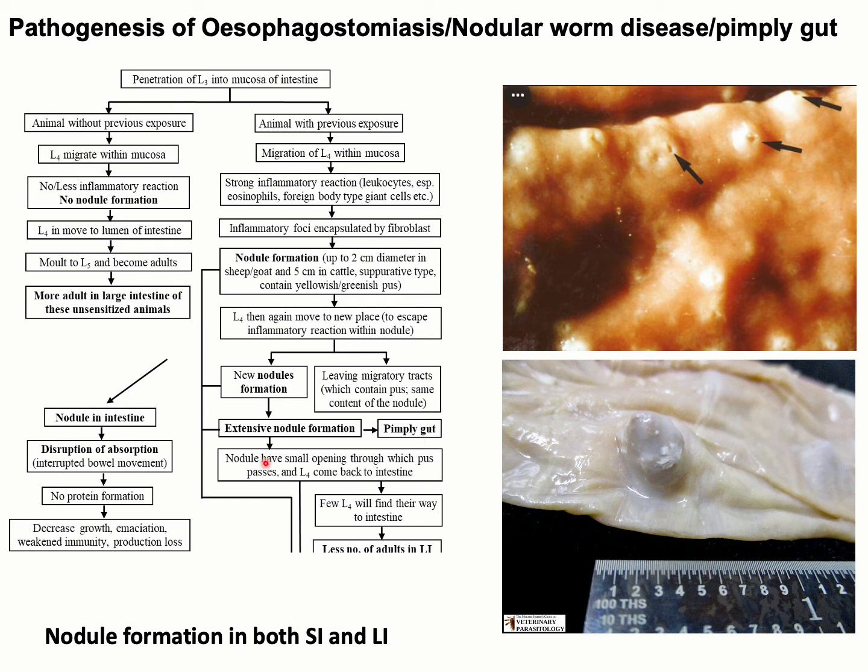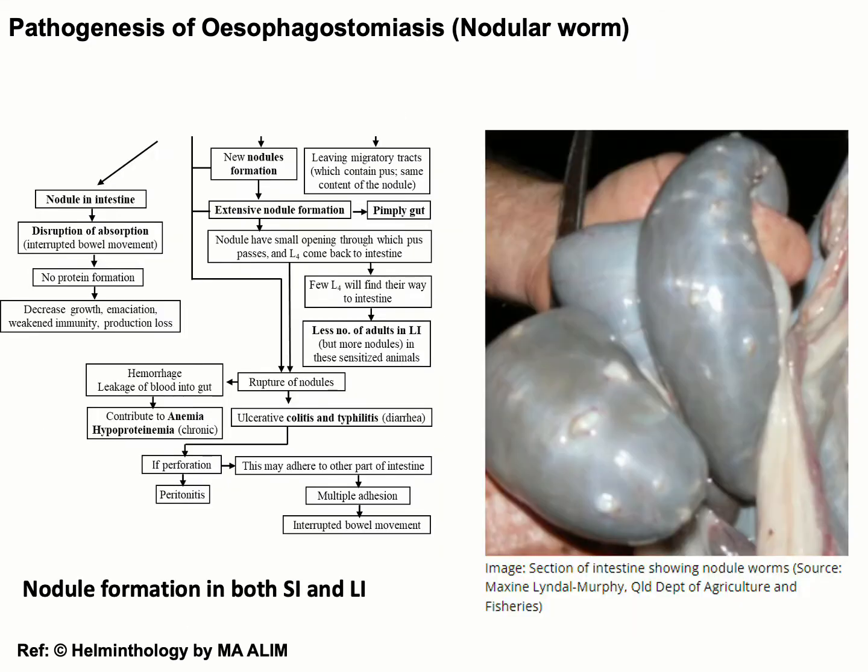And this nodule will have some small opening, and through this opening they will leave the nodule and start to migrate in the wall of the intestine, and sometimes some of them will find their way to the intestine.